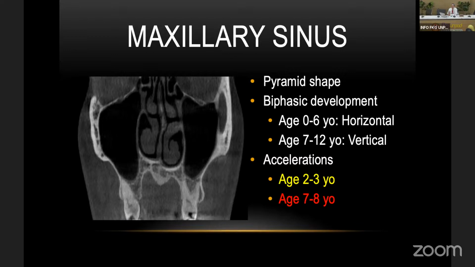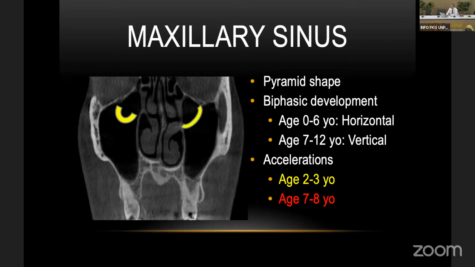I don't know if you have experience, maybe with your child or your friends: when they are small, the face is kind of wide, and when they grow up, the face becomes longer. That's because of the sinus. Our younger daughter was like that. When she was young, her face was wide, and now it's more vertical. That's because of the development of the sinus.